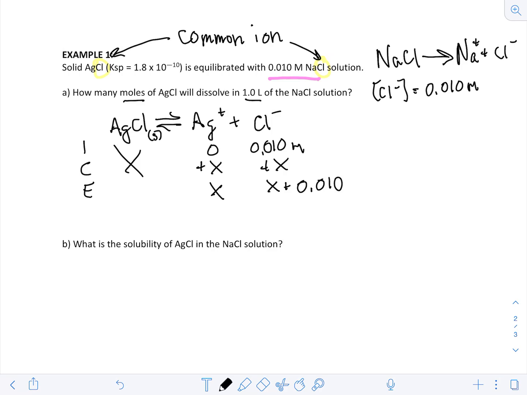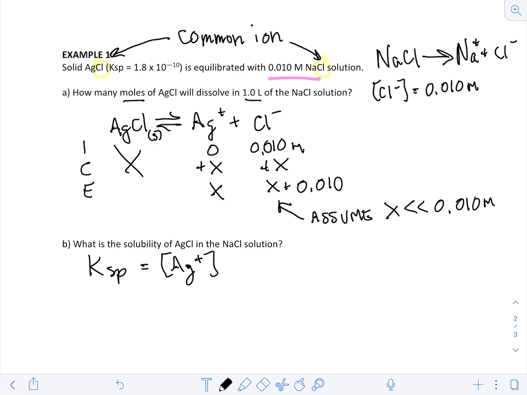Now, we can do something interesting here to help with figuring out the solubility. We're going to assume that x is very tiny compared to the chlorine ion, and as a result it is going to go away. So when we set up our equation, Ksp equals silver ion times chlorine ion, and luckily there are no exponents to worry about.